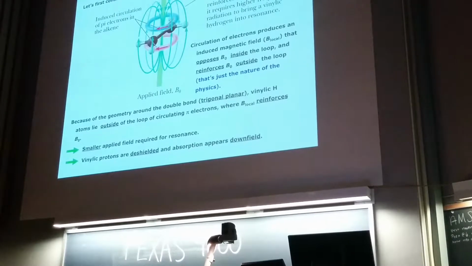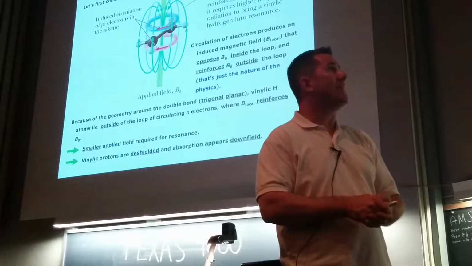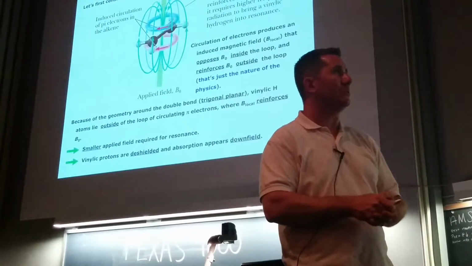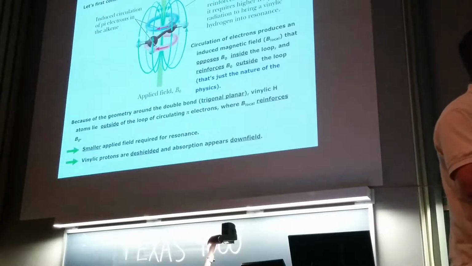And because of the physics, that movement of electrons in closed loops, moving charge itself, generates a magnetic field. It's where you are with respect to that loop of circulating electrons that determines whether the local field is reinforcing the applied field. And it's just the physics outside the loop.